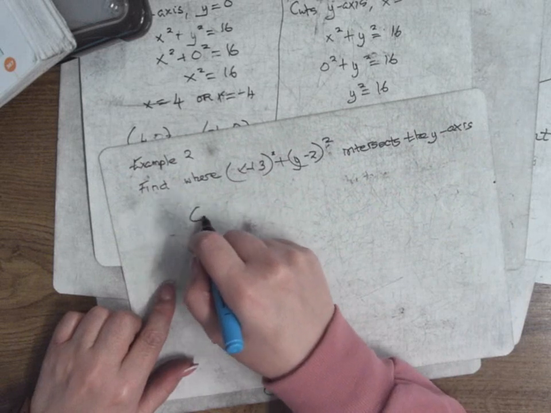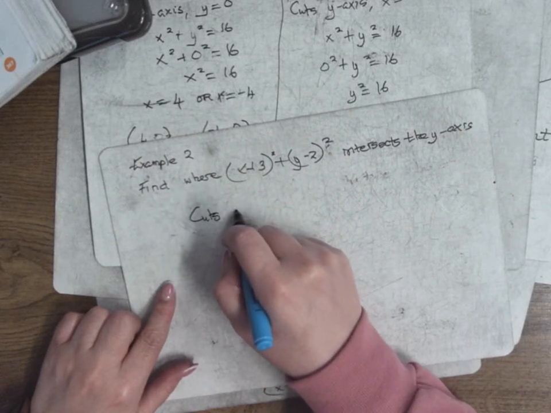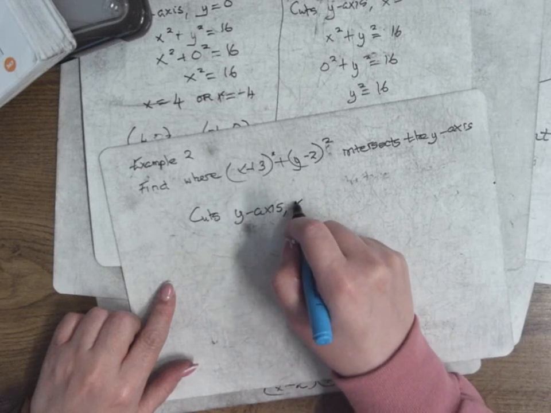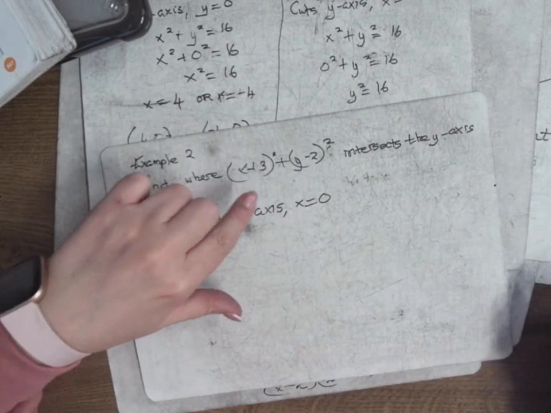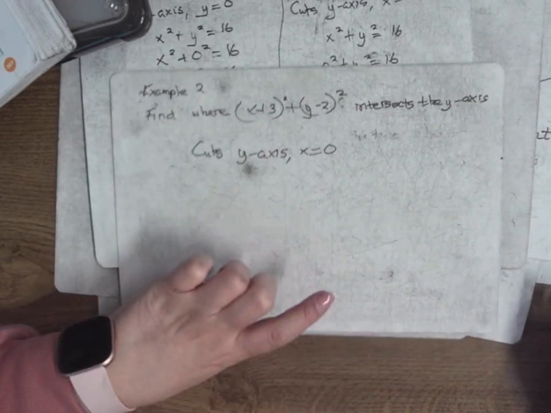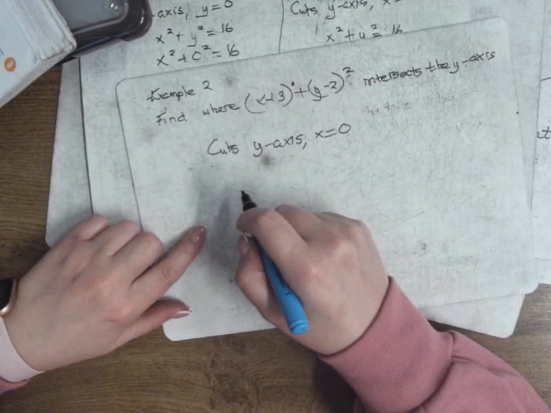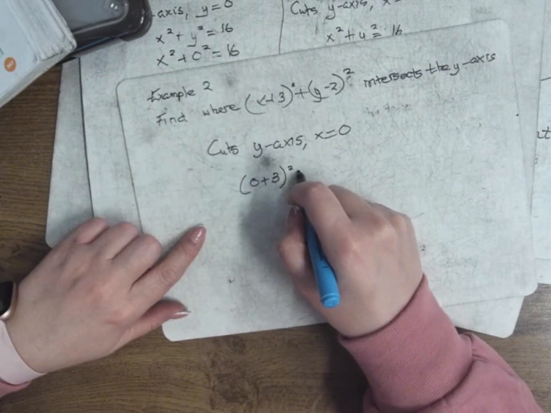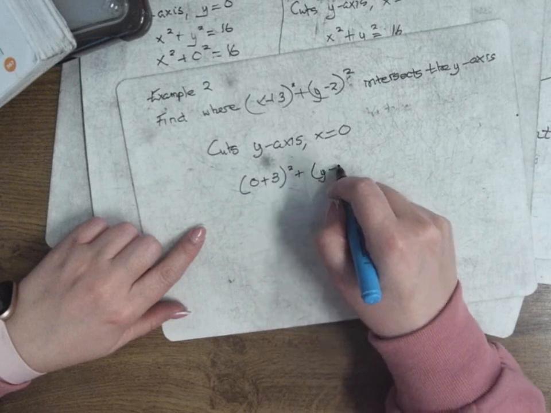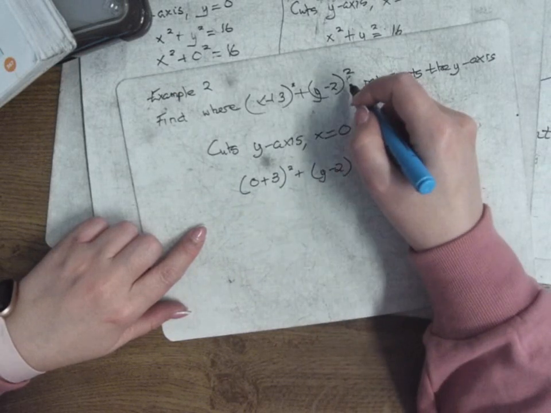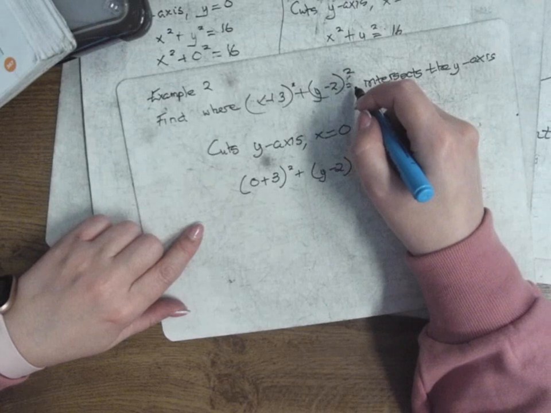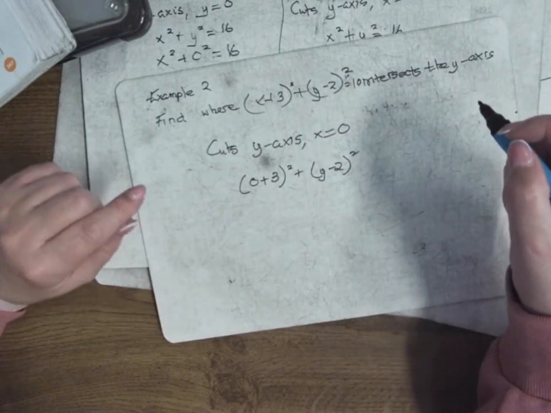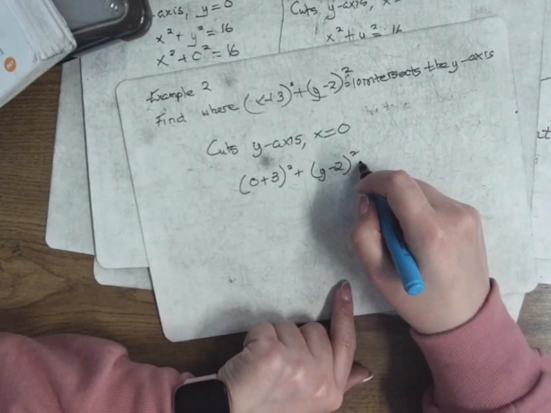Cuts the y-axis, x equals 0. So you take the equation of the circle, and everywhere you see an x you put in a 0. So it's (0 plus 3) squared plus (y minus 2) squared, sorry, I left out the equals there, equals 10.